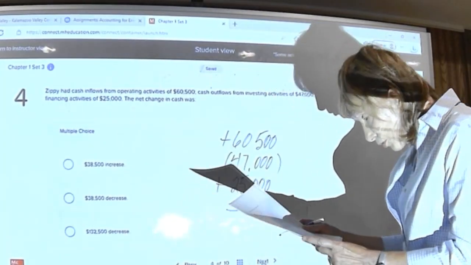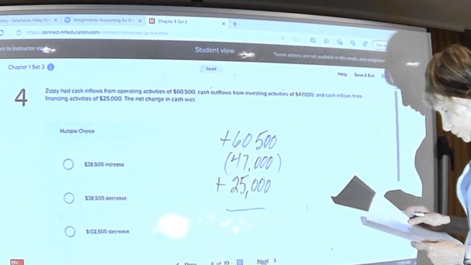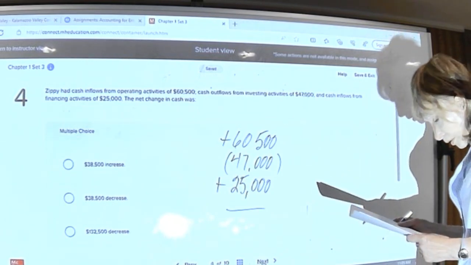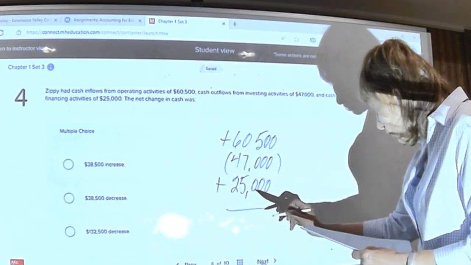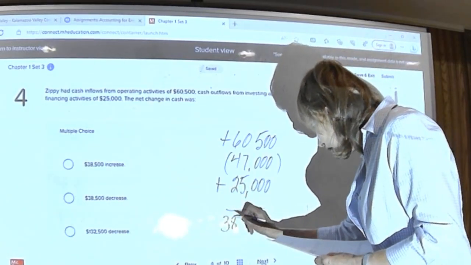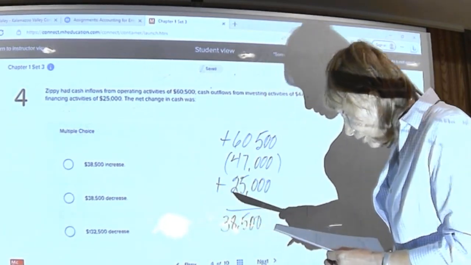What we want to do there is net those numbers out. And if you add and subtract, you'll find out you have a net positive balance of 38,500.